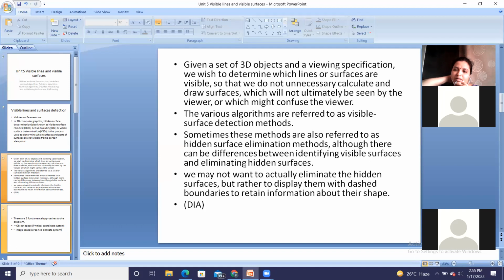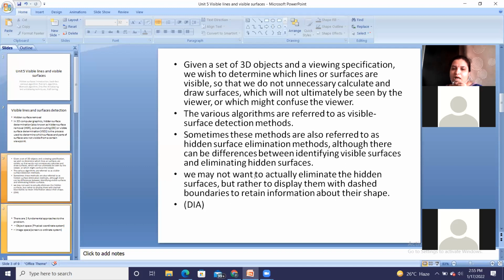It is nothing but simply identifying the visible portions and eliminating the hidden surfaces. Then we may not want to actually eliminate the hidden surfaces, but rather to display them with dashed boundaries to retain information about their shape.